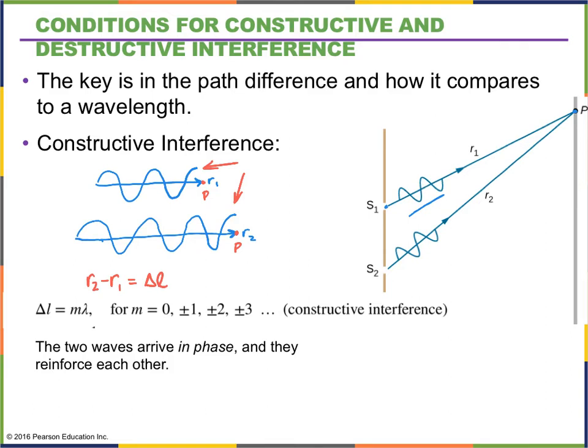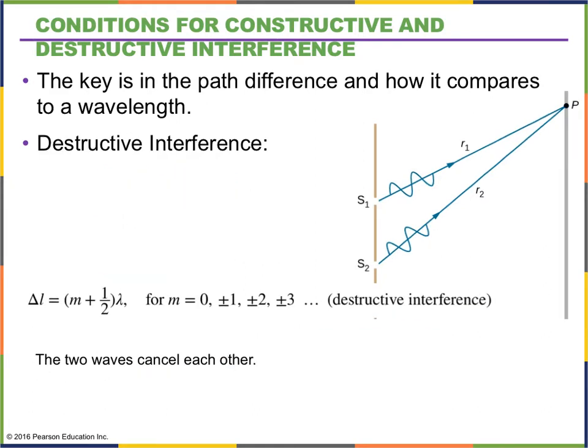And right here in this picture, it would represent this difference. If that difference in the path length is some multiple of a wavelength, like if it's 1 wavelength or 0 wavelengths or 2 wavelengths, then when the waves arrive at the location, they're going to be in phase with each other and they'll reinforce each other. And so this gives us constructive interference.